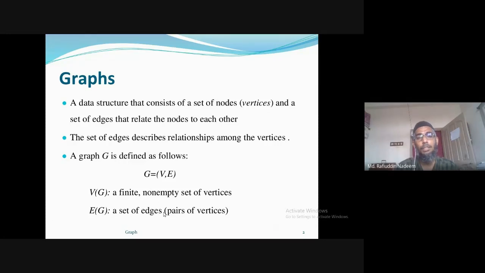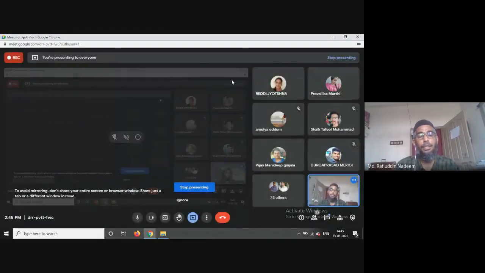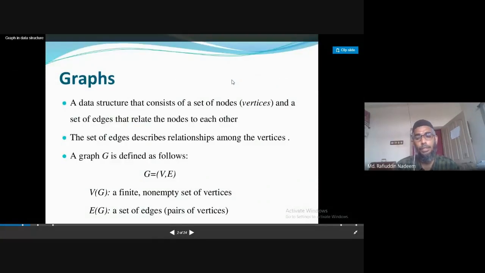A graph G can be defined as G = (V, E), where V of G is a finite non-empty set of vertices, whereas E of G defines a set of edges, the pairs of vertices.